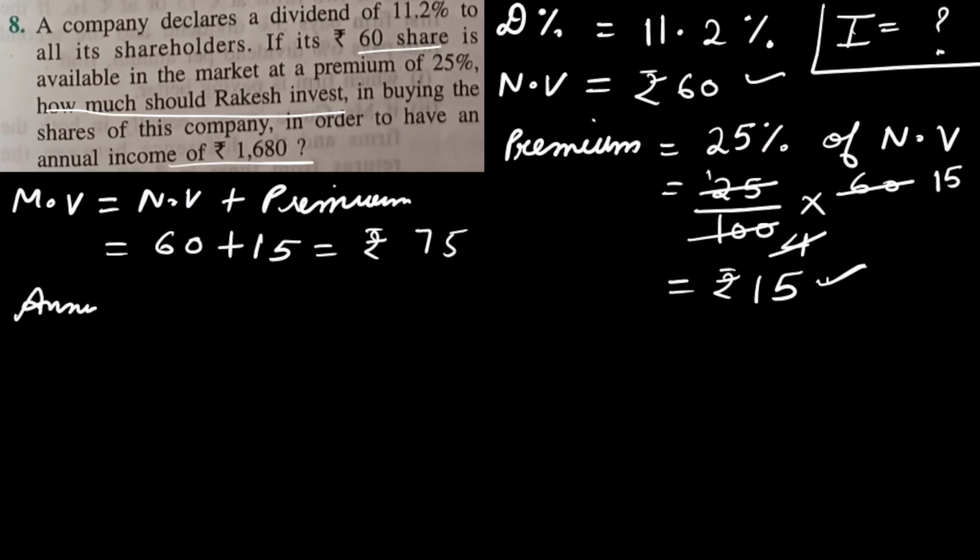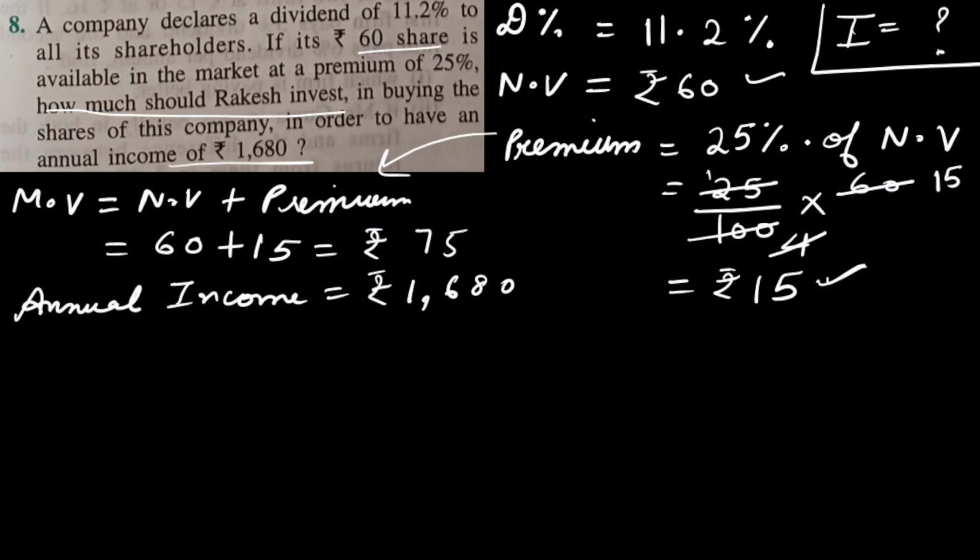So what we have to find is clearly written: investment. Annual income is given to us, which is equal to 1680. Let me repeat the given things: dividend percent is given, nominal value is given, premium percent was given, with the help of which we found market value, equal to rupees 75, and annual income is given. Investment we have to find.